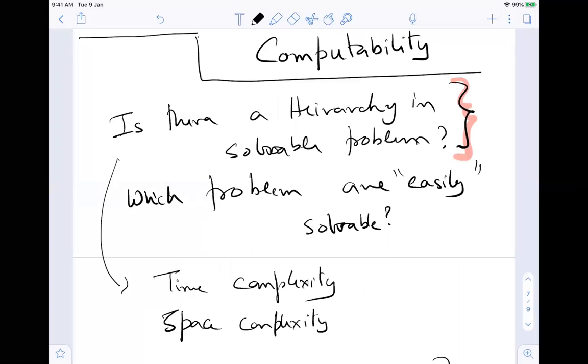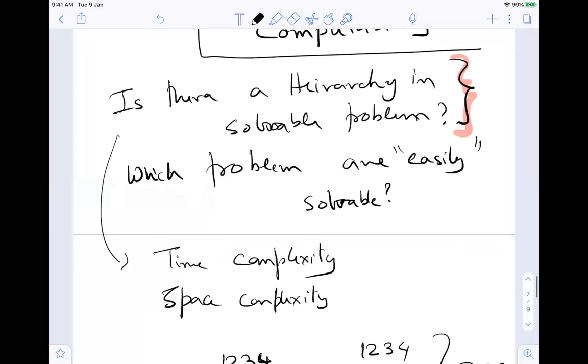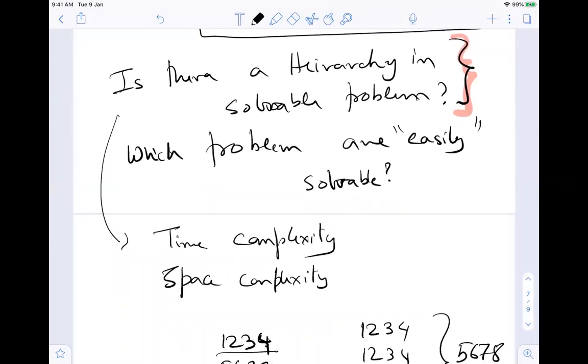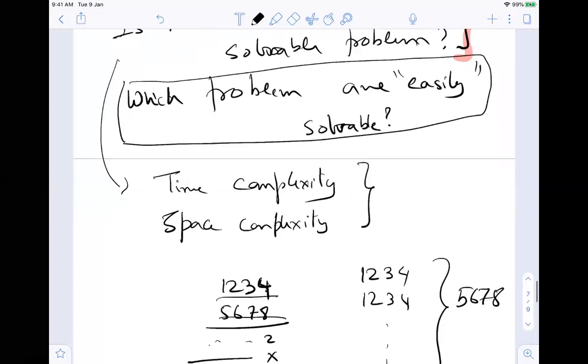And it is not just the Greeks. If you look into things like representation theory or number theory, all of these had these notions built into them. But here, time complexity and space complexity were formally defined. And then the question came about what is the meaning of easily solvable.